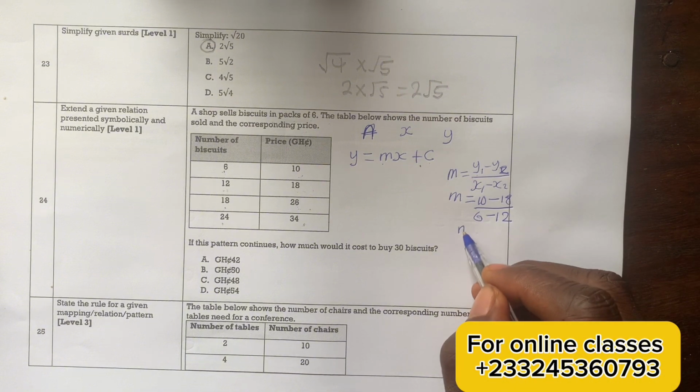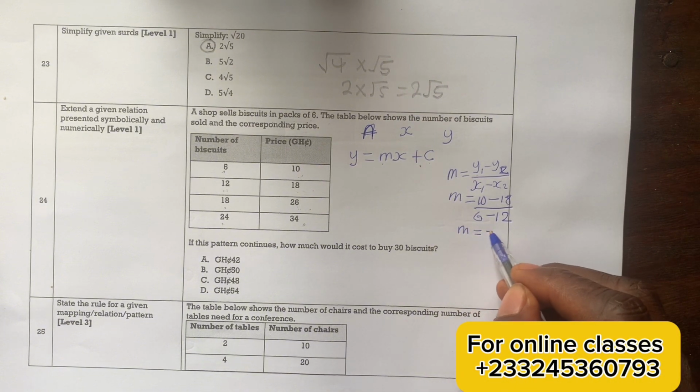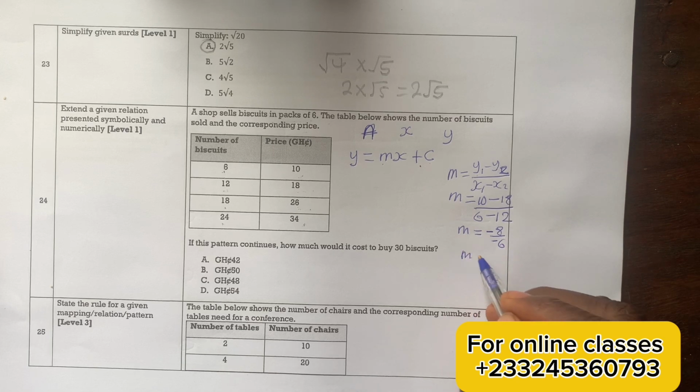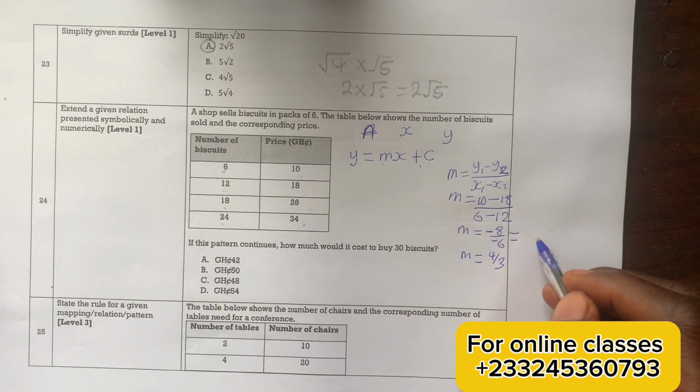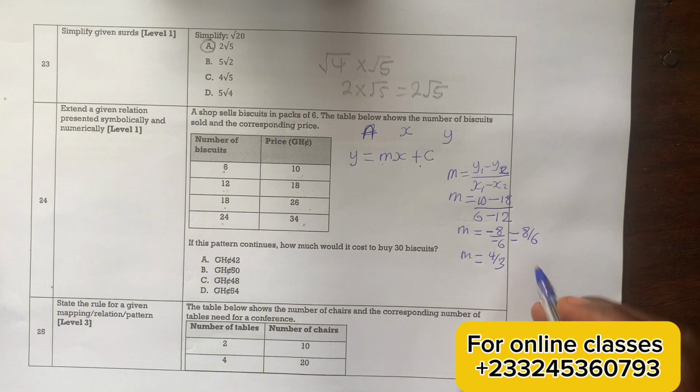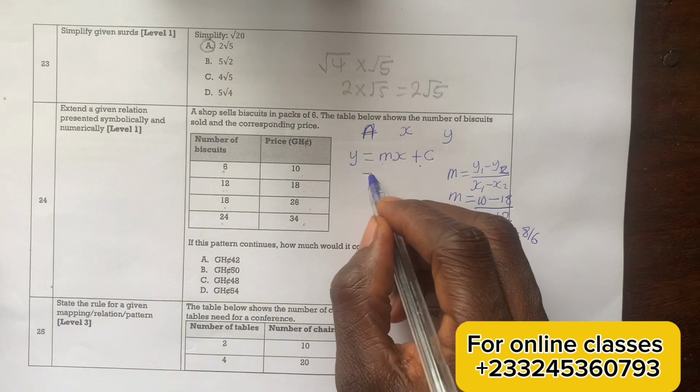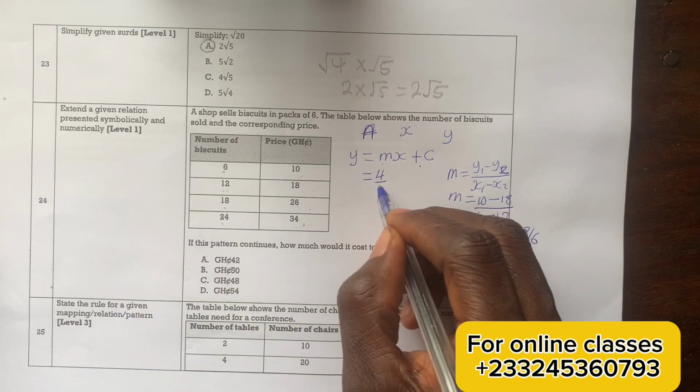So m will give us minus 8 divided by minus 6, which can be reduced to positive 4 out of 3, or it is the same as 8 out of 6. If you cannot reduce it, there's no problem. So m is 4 out of 3.